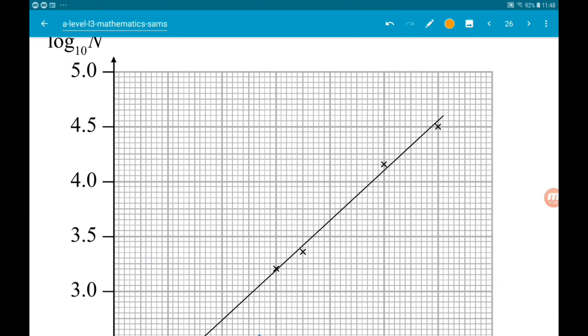So remember that we're dealing with powers of 10, so 1 million is almost 100 times the size of the culture at this point. So we can't just assume that the graph is going to carry on constantly.